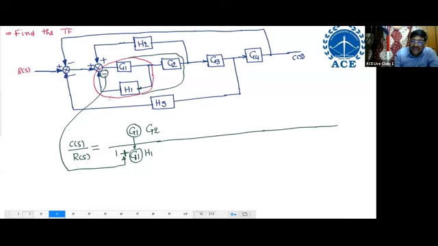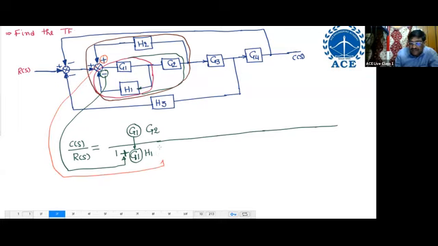This G1, H1, G2 both are in a loop with H2. It is a loop with H2. That means what you have to do again? Opposite sign of the feedback. What is the feedback? Because it is a loop, now H2 is the feedback. Opposite sign of the feedback.